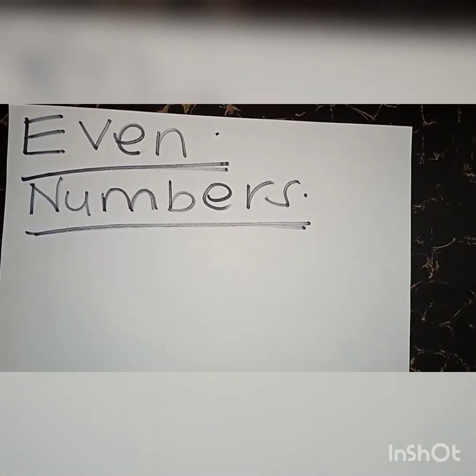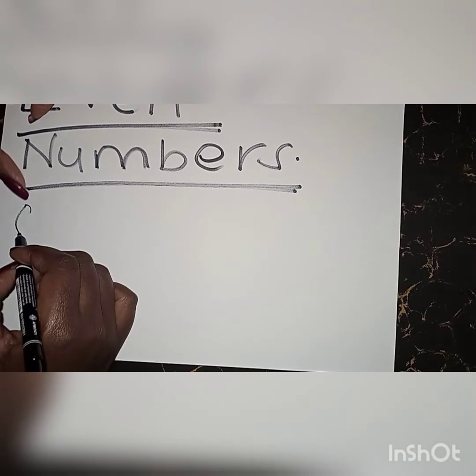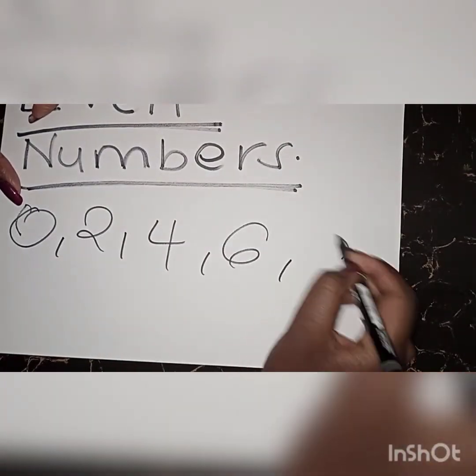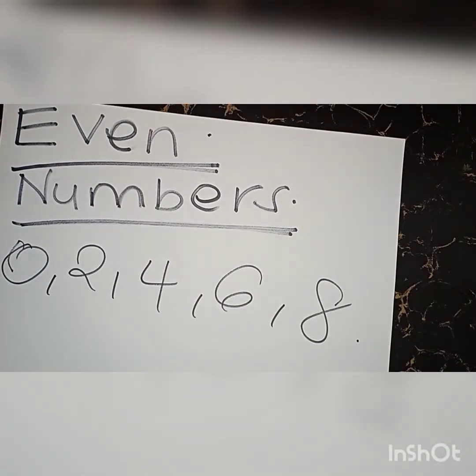Even numbers are basically all the numbers that end with the digits 0, 2, 4, 6, and 8. Okay? So even numbers are numbers that are divisible by 2. They are multiples of 2.